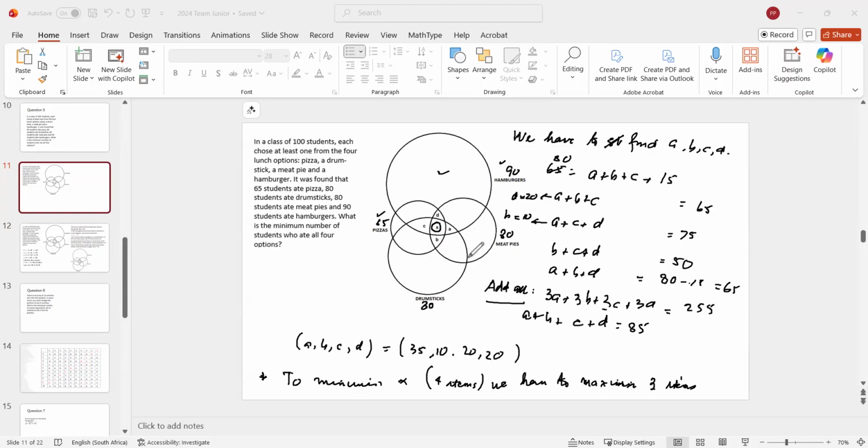So if you put these numbers inside this, I got 35, 30, 35, 10, 20, 20. Try it out, and you will see that these numbers indeed add up to 65, 80, 90. This does give you a solution, and in that case, you will see that X will have to be 15. So this will be a solution.